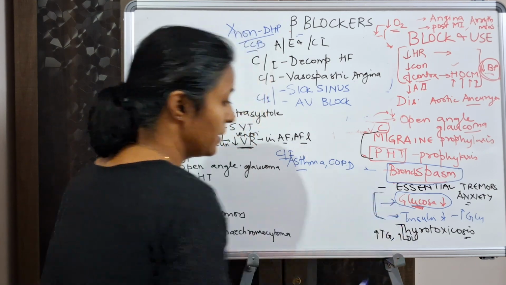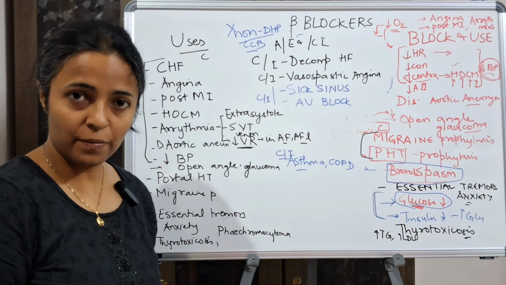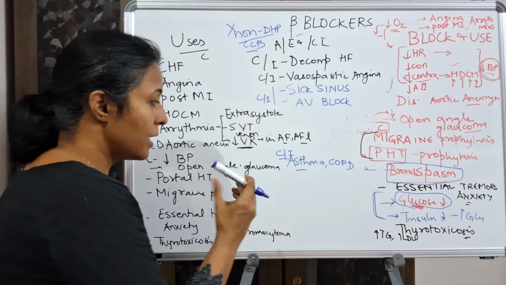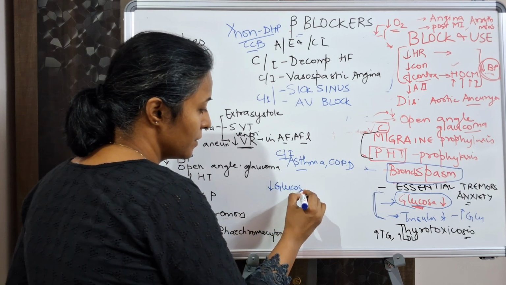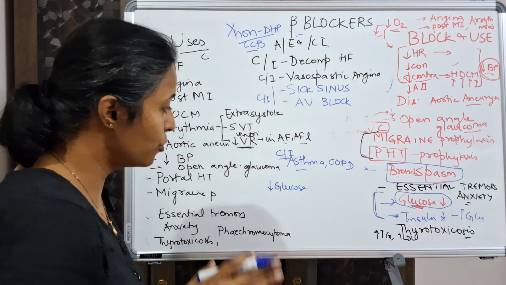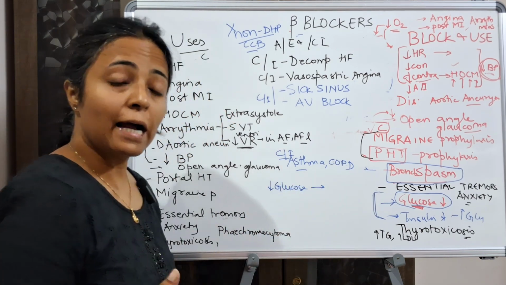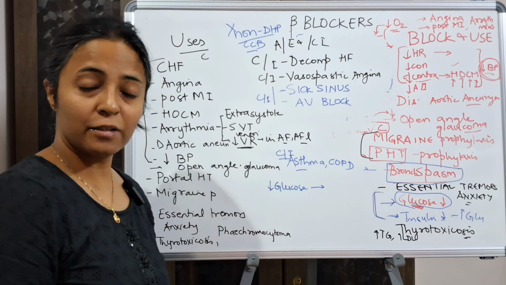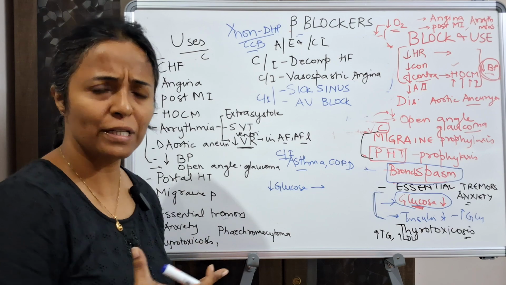And one more effect. Actually, because we have blocked the sympathetic activity, now whenever there is decrease in the glucose levels in our body, there is activation of the sympathetic activity, so that there is palpitation, there is nervousness, there is sweating.